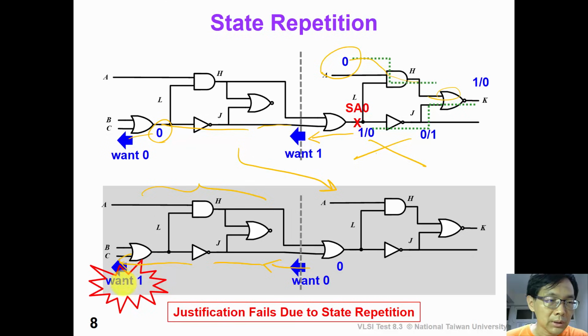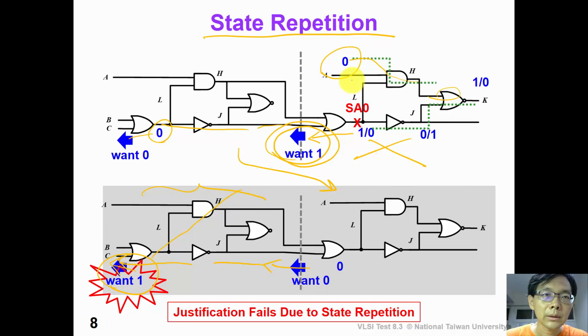If you watch this value carefully, you would observe that this is actually the same as our previous justification. So now we are trapped in a cycle. If we continue to backtrace this 1, we will repeat the state again and again.